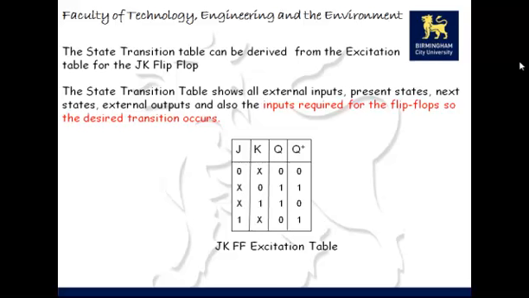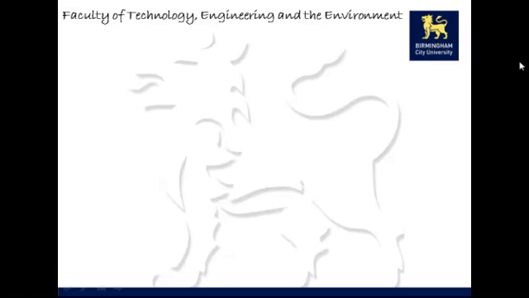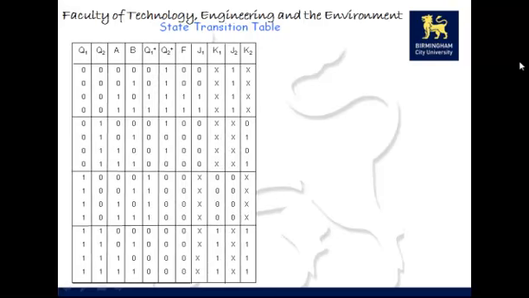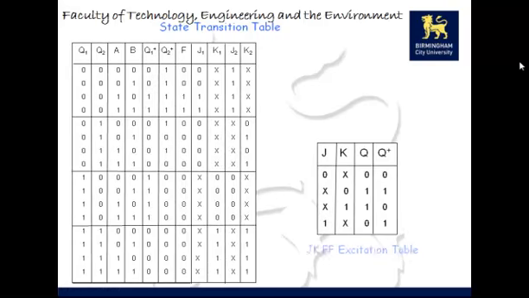Whatever the transition is, that's what those inputs are needed. For example, if a transition needs to occur from 1 to 0, Q is 1, Q next is 0, then J has to be don't care, K has to be 1, and you're going to have to do this to all rows of Q. And here we go. This is the final thing.